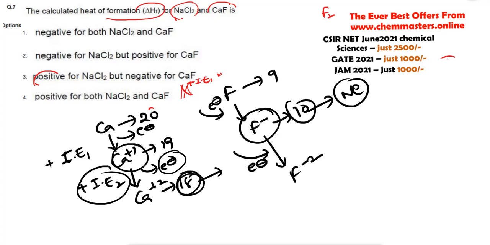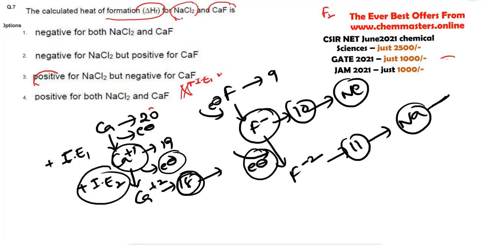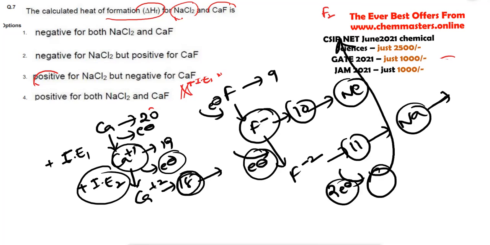But whenever one more electron is added, it will have 11 electrons, which is very unstable. That means it will gain the sodium electronic configuration. That's why to add this second extra electron, a lot of energy should be released from that F minus.